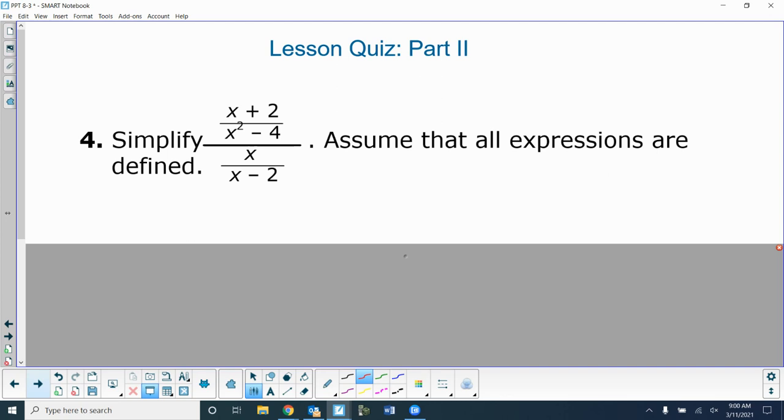What's left? The answer is x. No, everything's right so far, but if everything cancels, they still cancel.